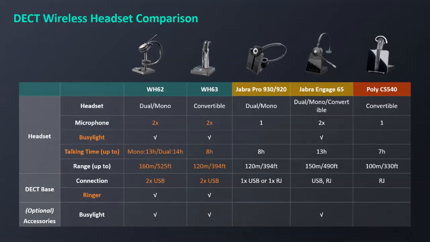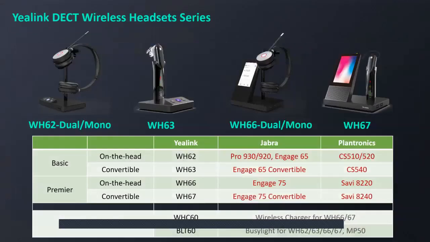But for the Yealink WH33 and also the WH37, it is convertible handset, and in the package of WH37, we will include neck band and also the handband into the package. You don't need to pay actual cost on it. And for WH33, we will include the handband into the package, and neck band is accessory options.